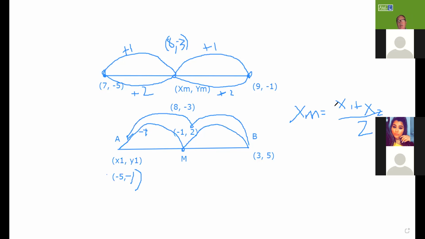Normally, we add the endpoints together to get the midpoint, but here we're given the midpoint. So my midpoint value I plug in out here, -1, 2. And I have one of the endpoints. It doesn't matter which one you decide it is.